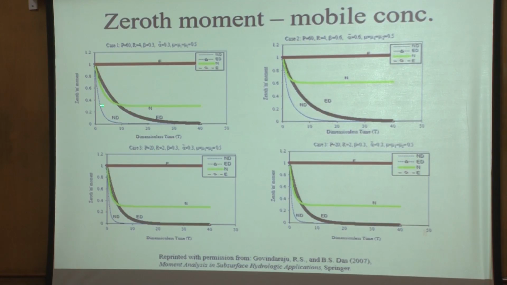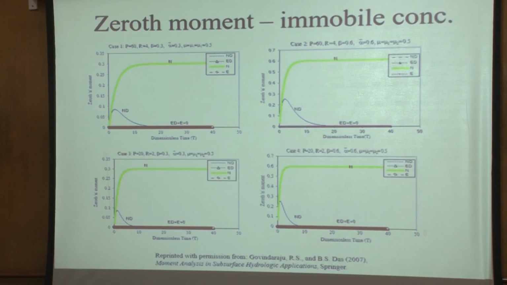So in this case it's almost 0.3, which is how much it's going to be for both the equilibrium and non-equilibrium phases. So there is some partitioning that you will get. And for other parameter cases, you'll have different behaviors. This was for the 0th moment for the mobile concentration.